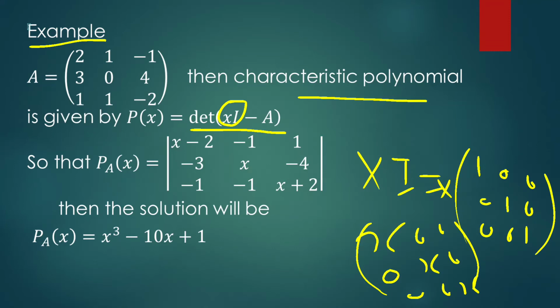Then if you subtract our A from it, you're definitely going to get this kind of matrix. Remember, this symbol stands for determinant, so we are saying this polynomial is the determinant of this difference.